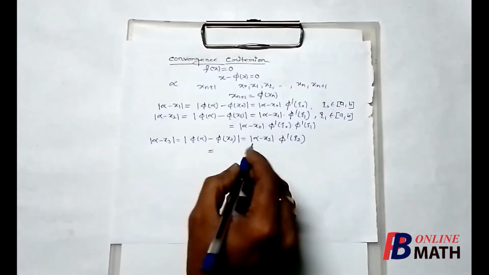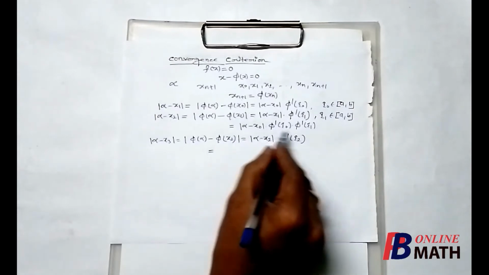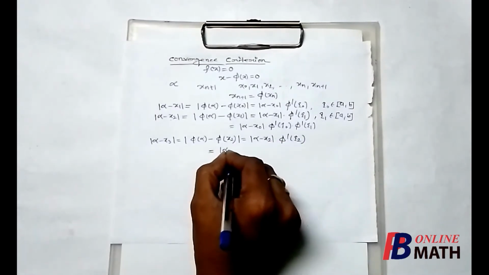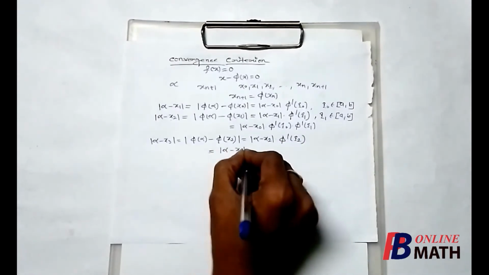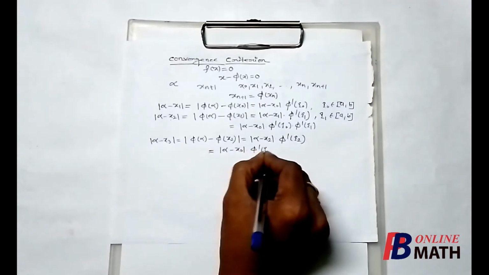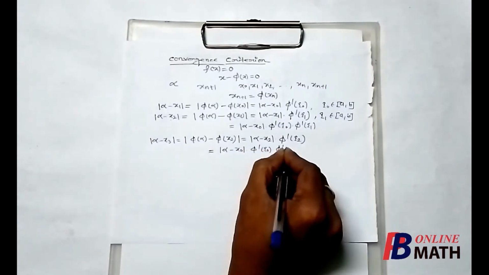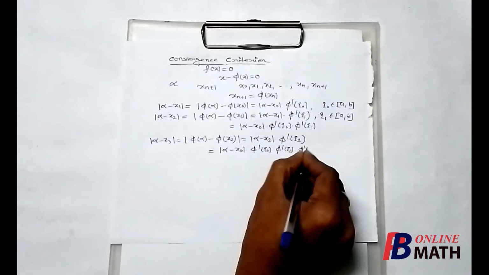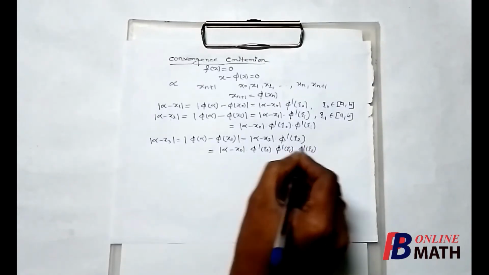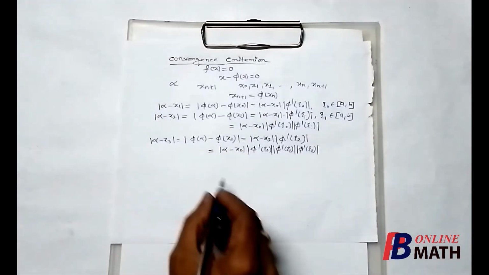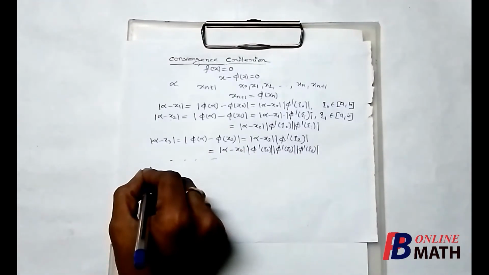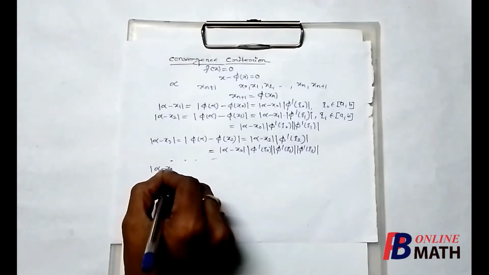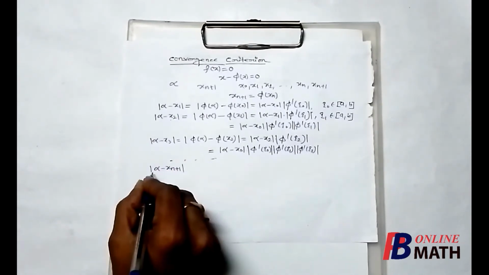Now we have already obtained that alpha minus x2 equal to this, so this can be written as alpha minus x0, multiplied by phi dash xi0, phi dash xi1, phi dash xi2.